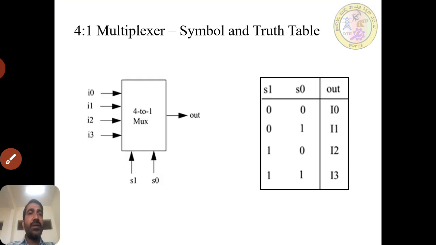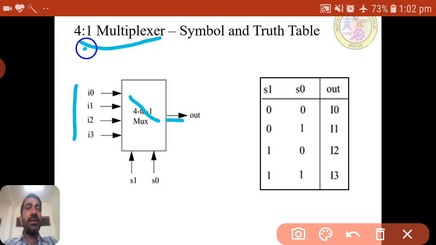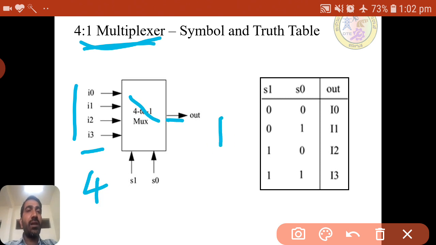Now, what is a multiplexer? A multiplexer selects one of the inputs and assigns it to the output. As the name suggests, the 4:1 multiplexer has 4 inputs and one output.